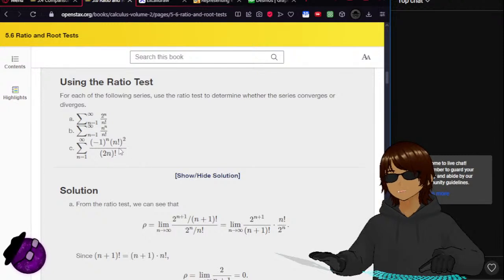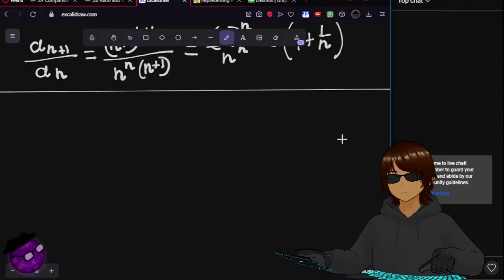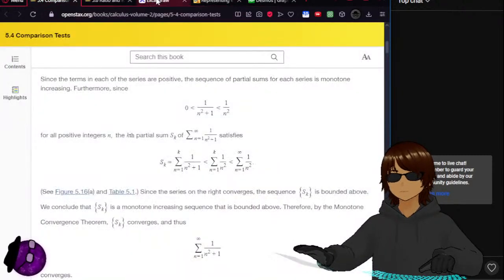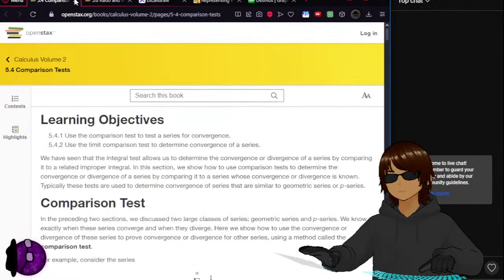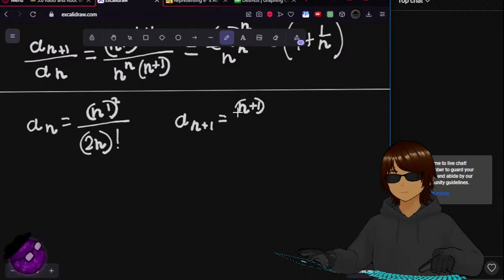n factorial squared over 2n factorial. This looks like an exponent. I got this.